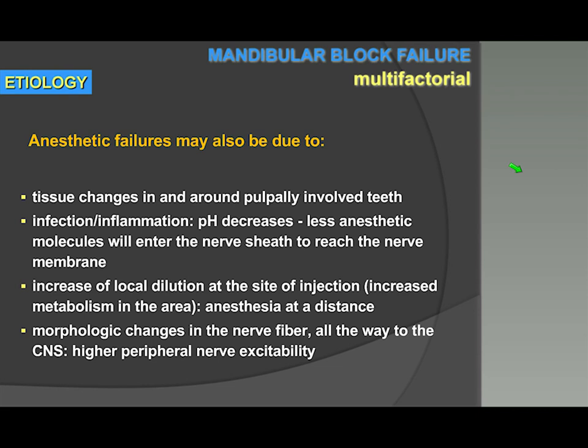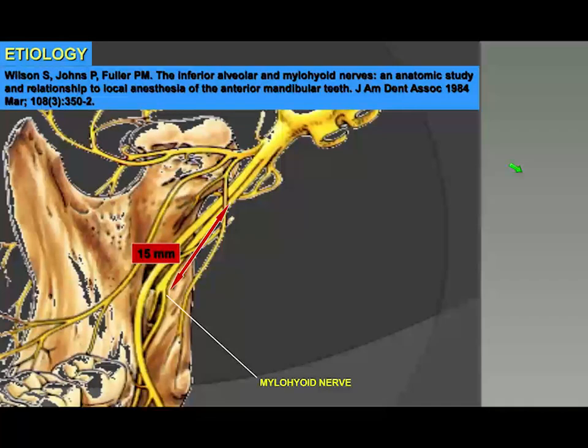So if you're dealing in an area with infection, there can be pH issues associated with the chemistry of local anesthesia and the active forms of the solution that we inject, that we rely on for complete anesthesia. So that can have an effect. And dilution in the area due to inflammation and increased metabolism. So there's a bunch of reasons. We can also have some anatomical variations, and quite often the suspect is a mylohyoid nerve.